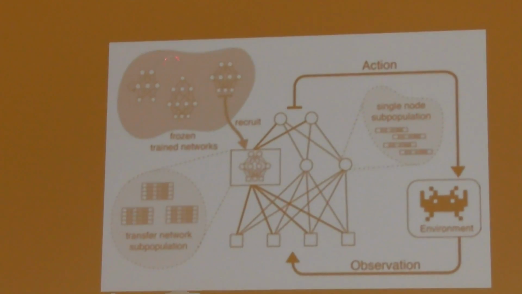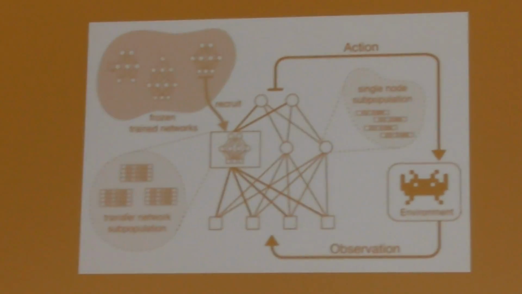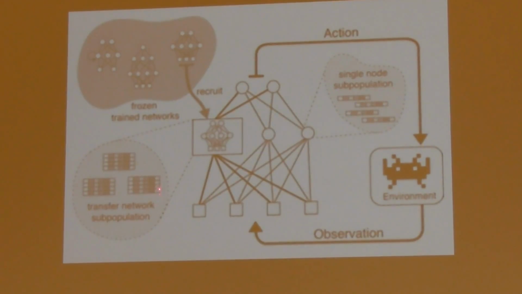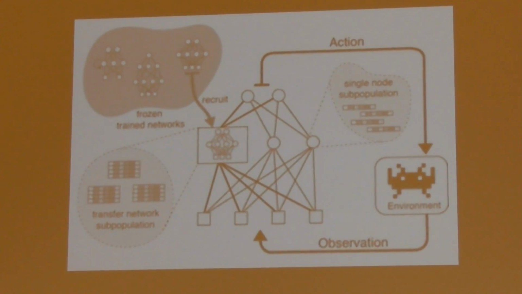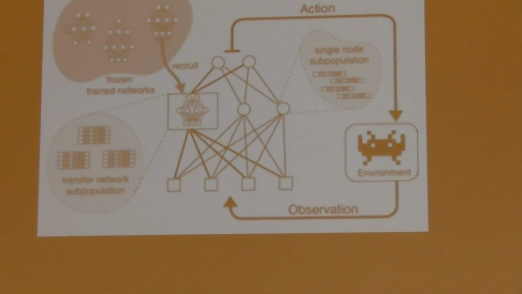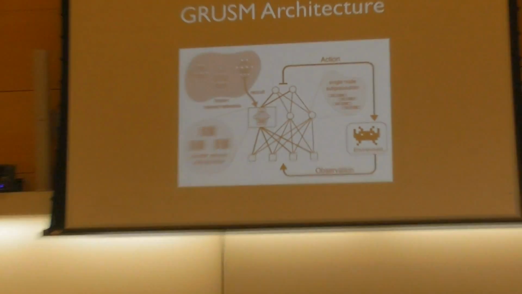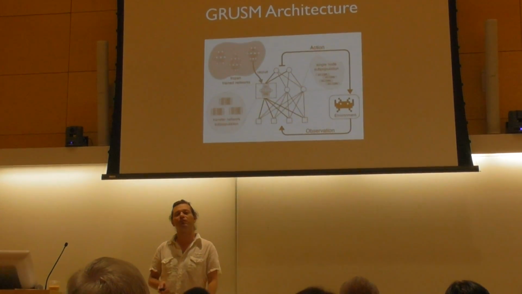Yeah, so we have frozen trained networks, which means we're not modifying them anymore, and there's a transfer network subpopulation, and there are new recruits. With the recruiting, I think it's a term used in neuroscience a lot. So the brain is recruiting new resources to adapt to a new environment, right?